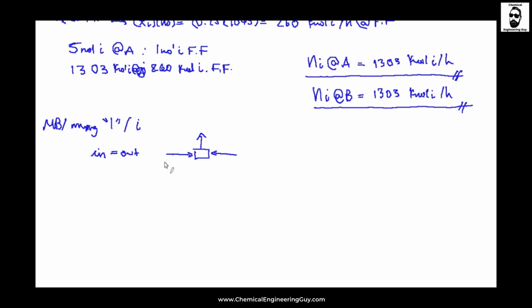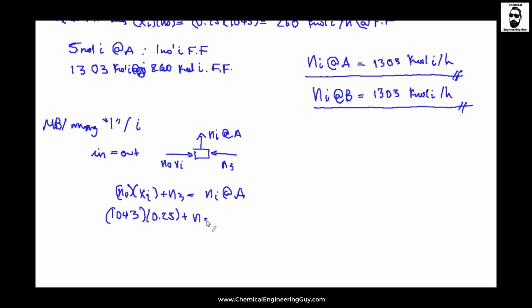This is N0 xI, this is N3, and this is isobutane at the outlet, which is N of I at A. So essentially I got N0 times xI plus N3 equals N of I at A. So I can get this quantity, yes.